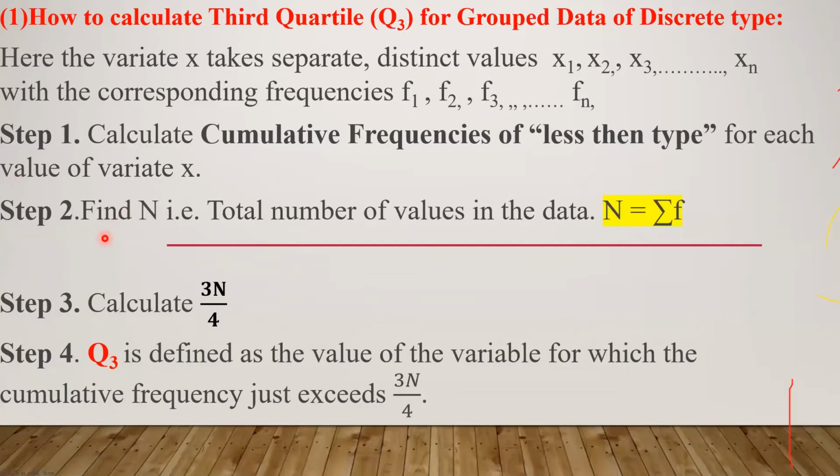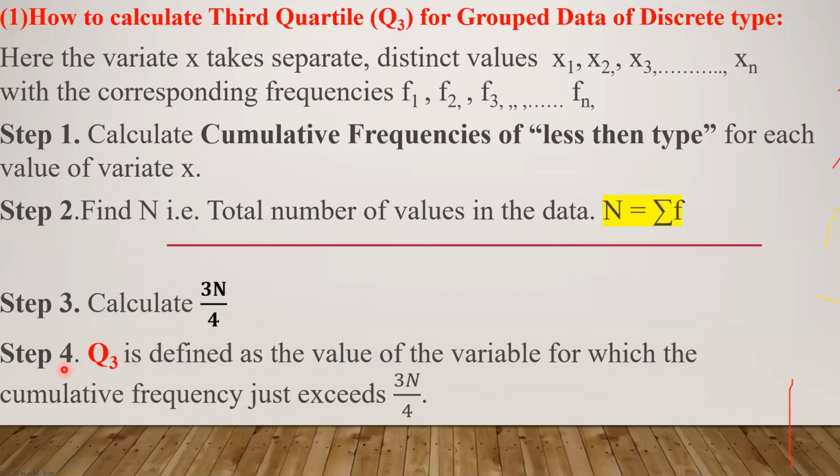Find n, that is the summation of frequencies, that also we have done. For calculating Q3, we have to first calculate 3n by 4. Now, how will you remember that? See, when you are calculating quartiles, you have to divide n by 4. For Q1, find 1n by 4. That is the same as n by 4. For Q3, 3n by 4. Like this, you have to remember. Okay. So you calculate 3n by 4.